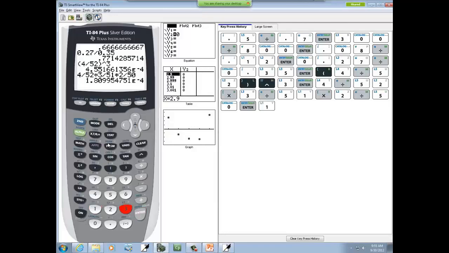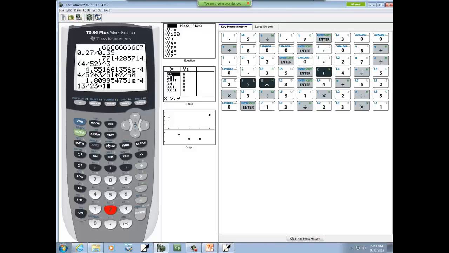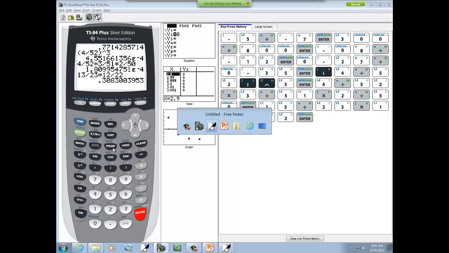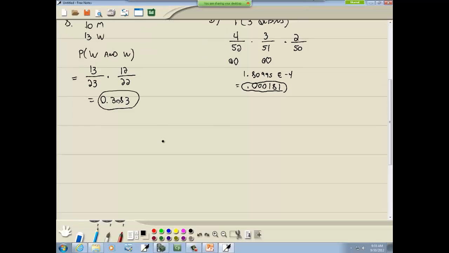So that's 13 over 23 times 12 over 22, and we get 0.3083. That would be our probability.